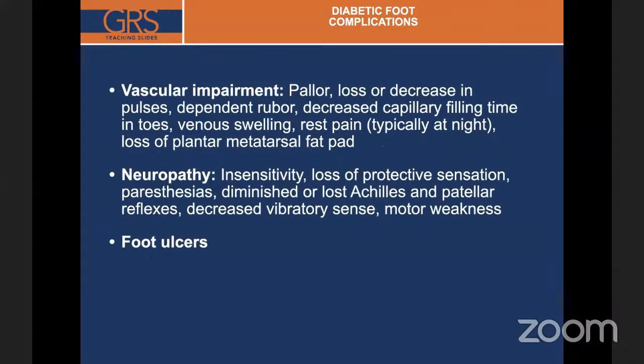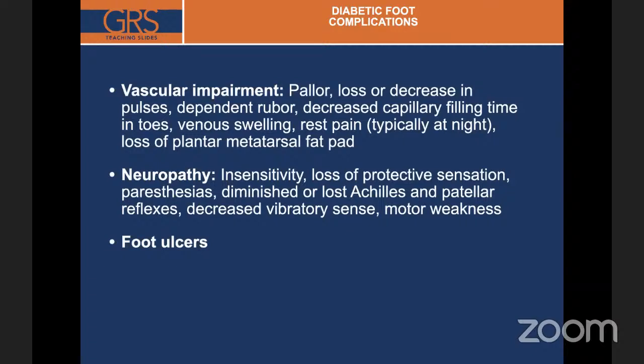Then the diabetic foot complications, starting with vascular impairment. The clinical features of vascular impairment are pallor, loss or decrease in pulse, dependent rubor, decreased capillary filling time in the toes, venous swelling, rest pain, typically at night, and loss of the plantar metatarsal fat pad.